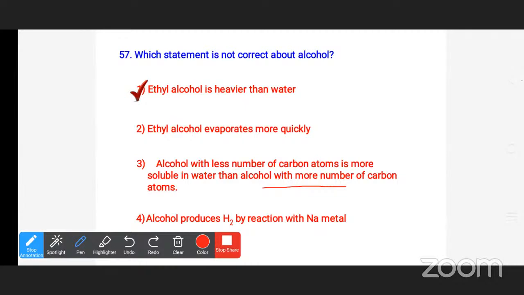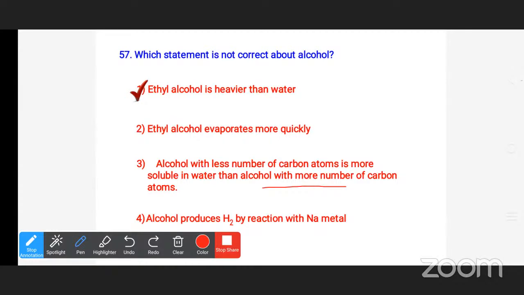Fourth option is alcohol produces H2 by reaction with sodium metal. So ethyl alcohol is heavier than water is a wrong statement.